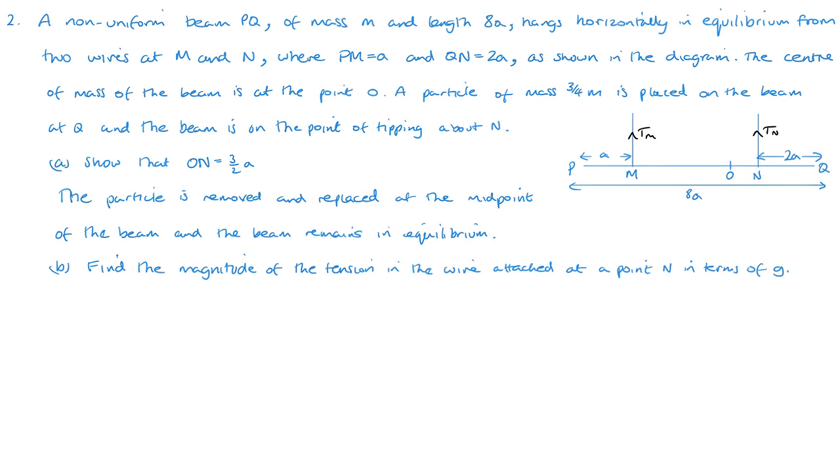The centre of mass of the beam is at the point O. So this is the centre of mass, and it is mass M, so mg. A particle of mass 3/4 m is placed on the beam at Q, and then the beam is on the point of tipping about N.